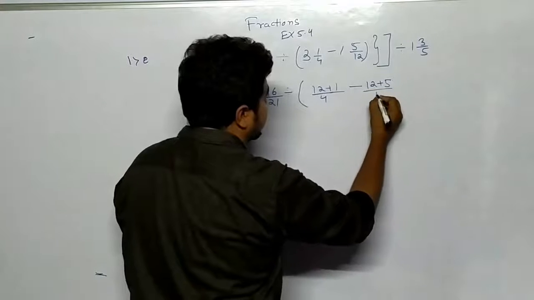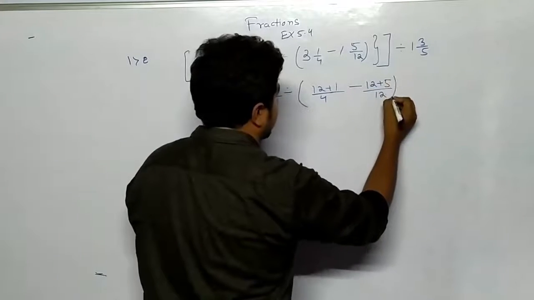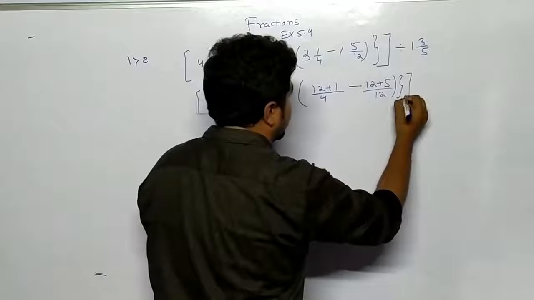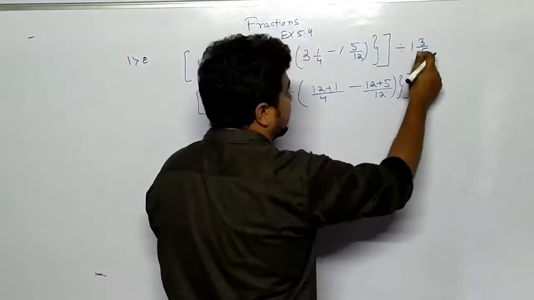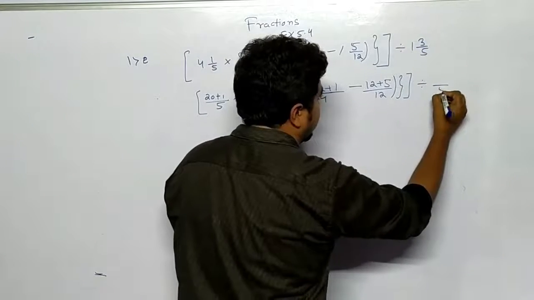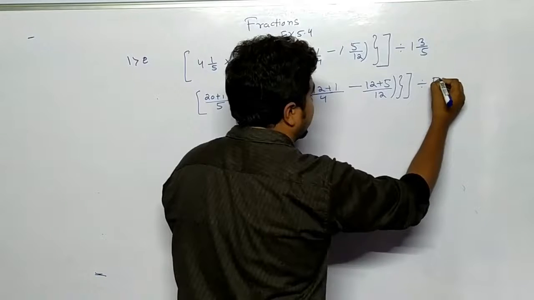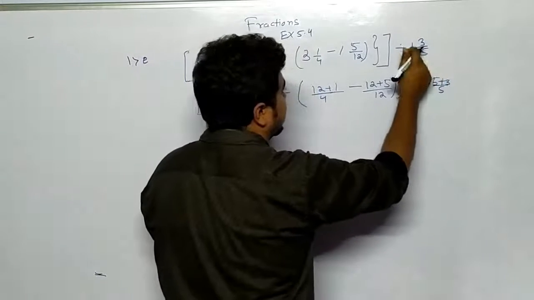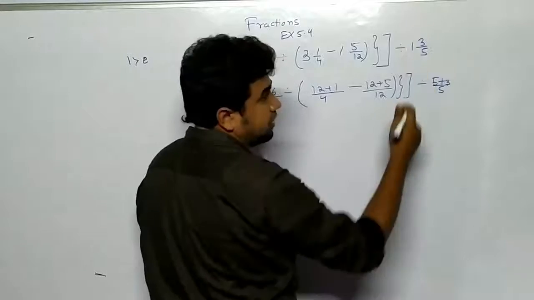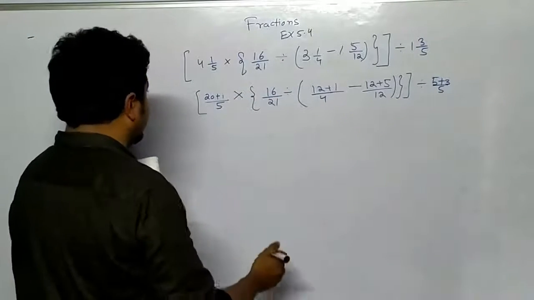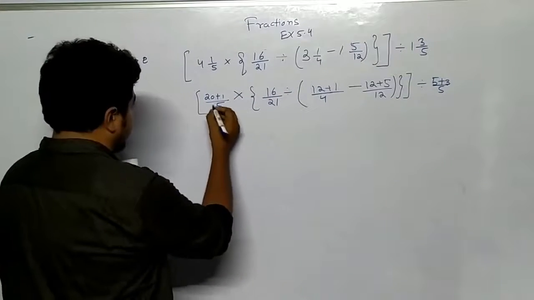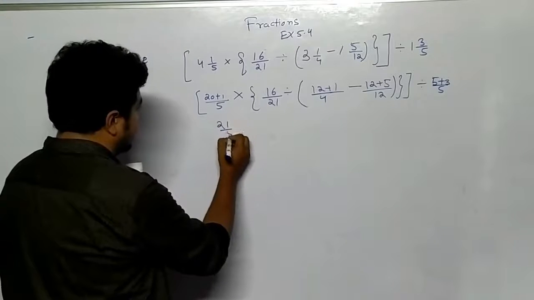Numerator you have to add always, and this bracket is closed. From here 1 3 by 5, 1 into 5 is 5, 5 plus 3. You have to add this, first multiply this and add numerator. So from here you can see 21 by 5 you can write like this.